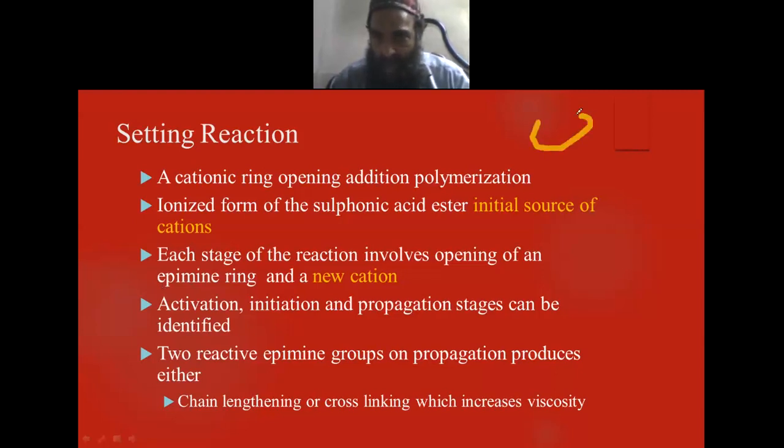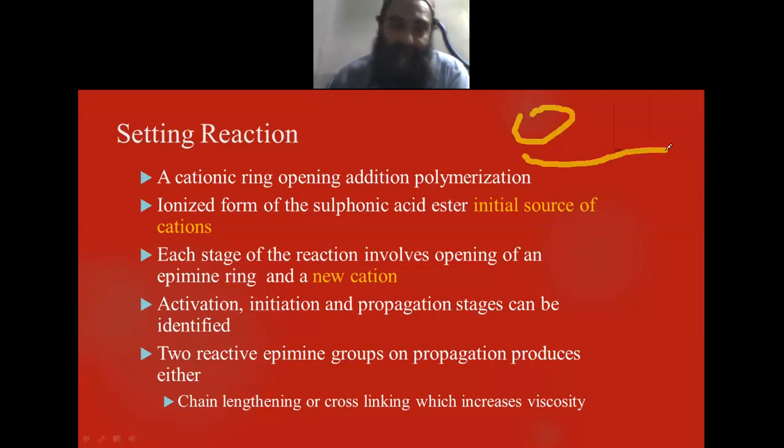So this is a ring, and if we try to open this ring, what will happen? It will become straight like this one. So this is a cationic ring addition polymerization, and if the other ring is open, then it will come here.